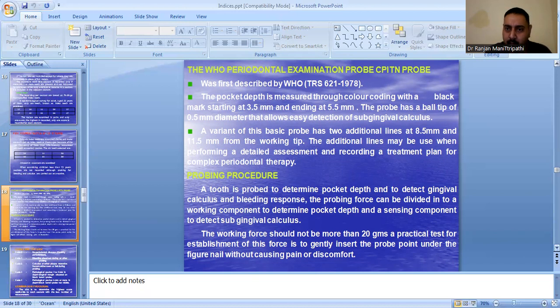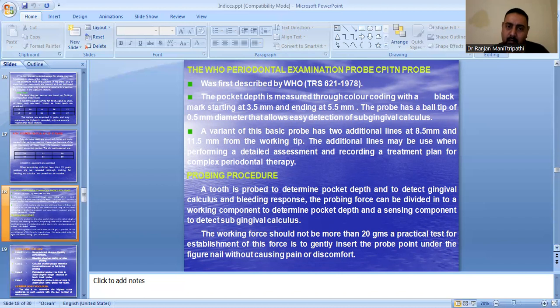The probe has a ball tip of 0.5 mm diameter that allows easy detection of subgingival calculus. A variant of this basic probe has two additional lines at 8.5 mm and 11.5 mm from the working tip. The additional lines may be used when performing a detailed assessment and recording a treatment plan for complex periodontal therapy.